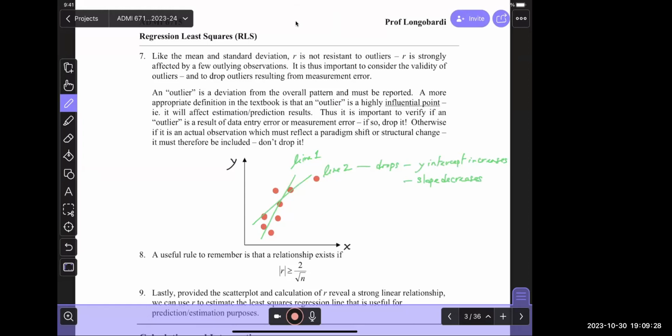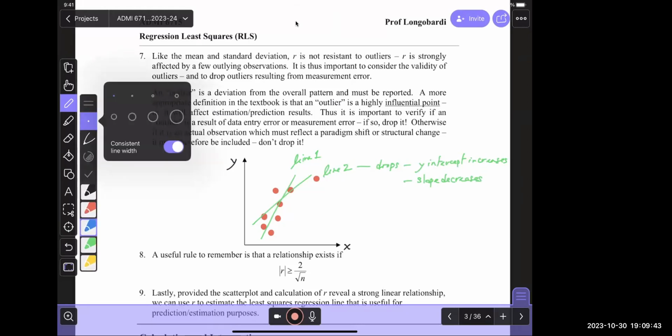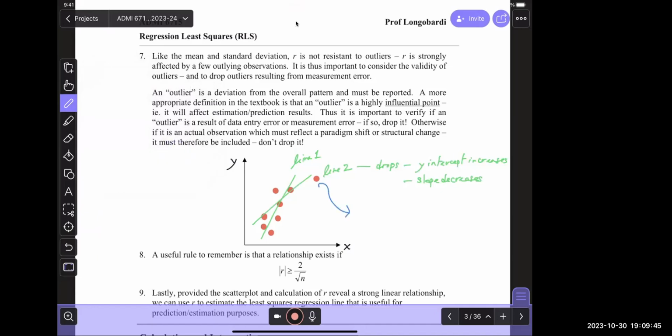Okay, so when one value has such a dramatic effect on your line, we call this an influential point. It's worthy of investigation.